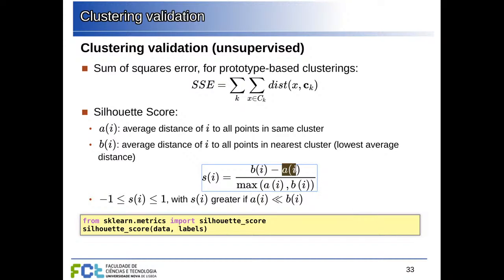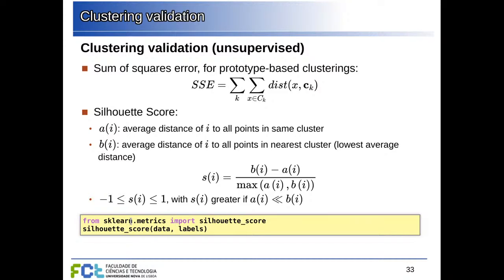If the average distance within the same cluster is very low compared to the distance to the nearest cluster, then this ratio will become close to 1, because B is now dominating. And so when the silhouette score is close to 1, we get clusters that are very cohesive and well separated from one another. So we can use the silhouette score as an easy way to assess how good our clusters are, assuming that we want clusters to be cohesive and well separated.